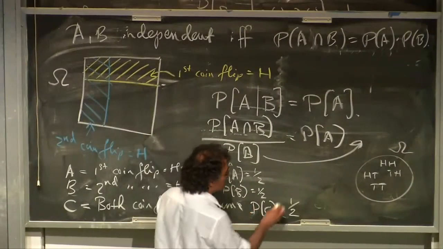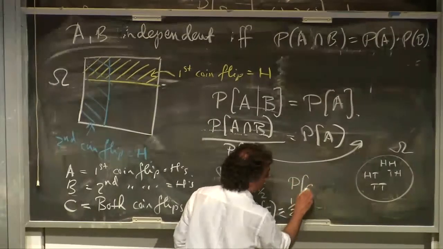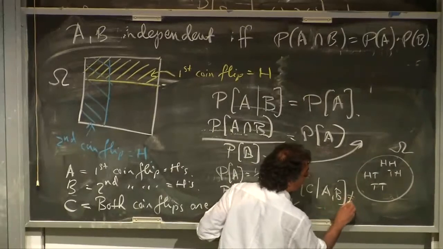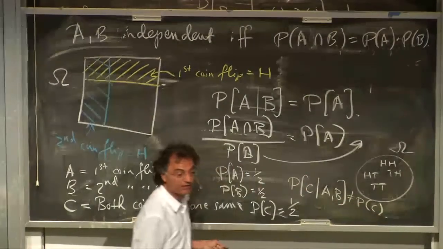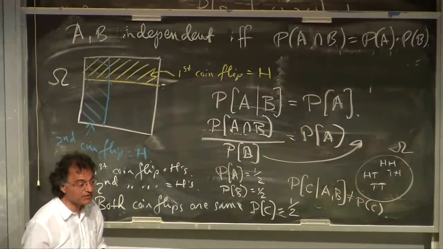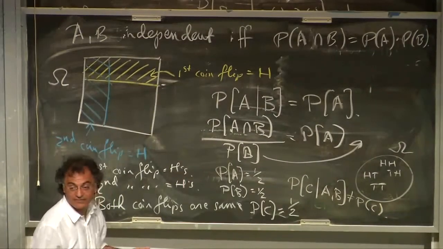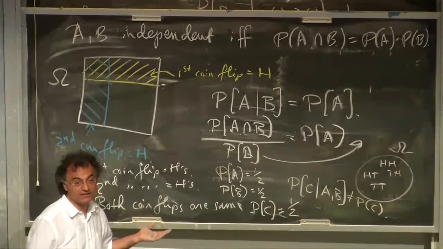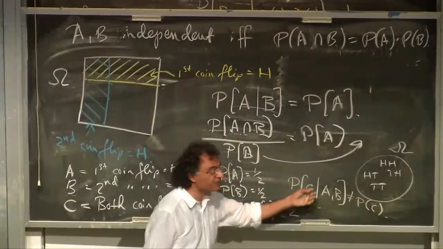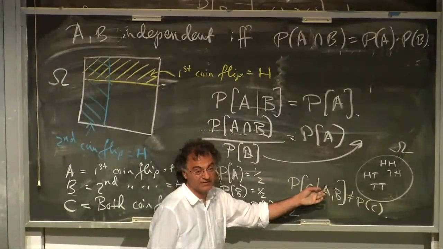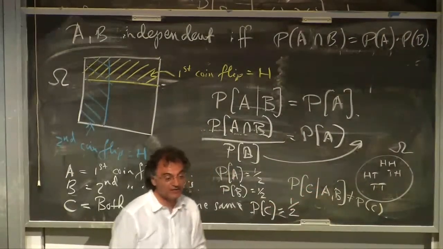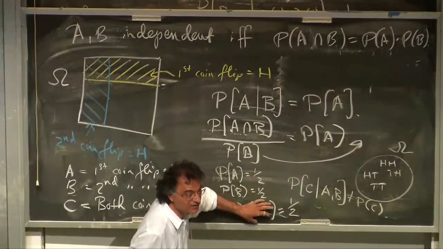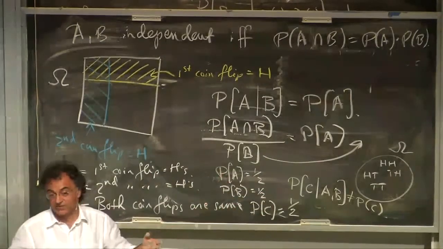So the probability of C given A and B both occurred is not the same as the probability of C. Once you know that A and B both occurred, you know both of them are heads, so you know that C definitely occurred. So the probability of C went from 1/2 to 1 here. And so this is a case where you have pairwise independence. Every pair of these are independent, but the 3 together are not.